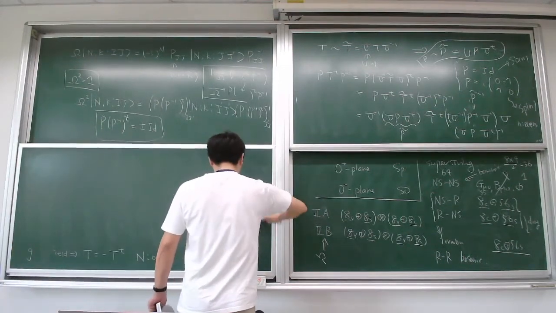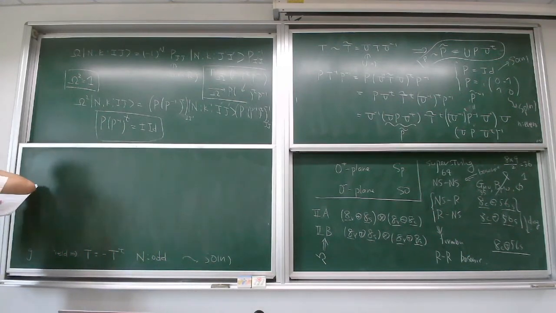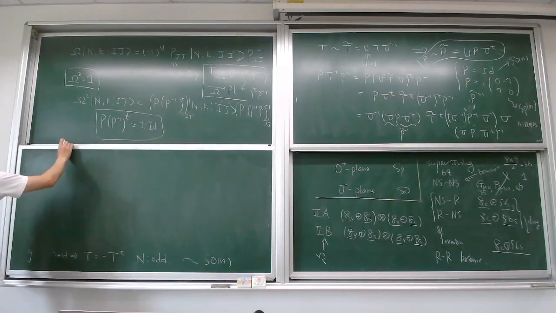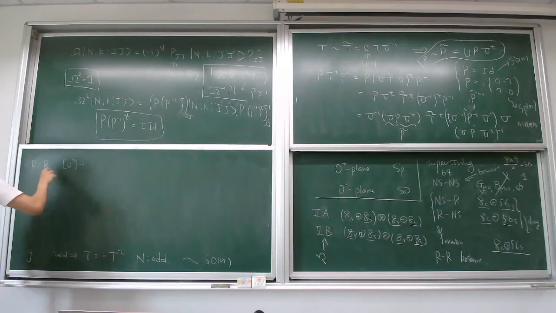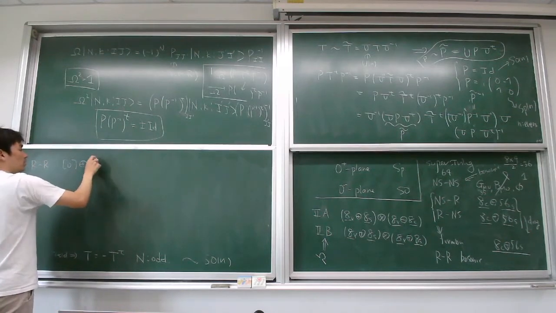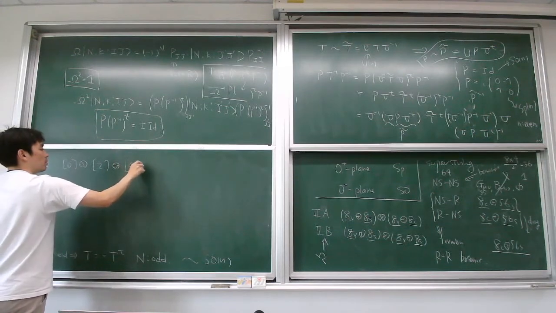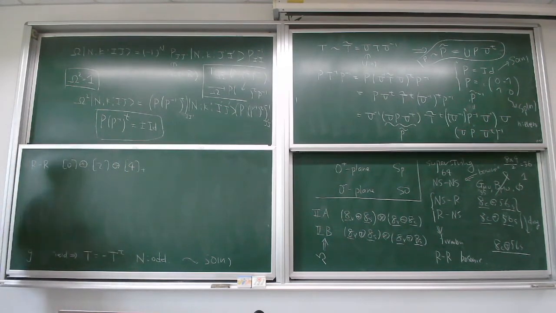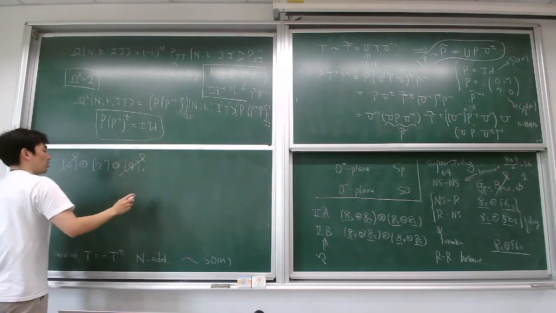So for type 2B you have 0 for Ramond. It used to be 0, 2, and anti-symmetric 4 plus, but these are projected out by orientifold projection.